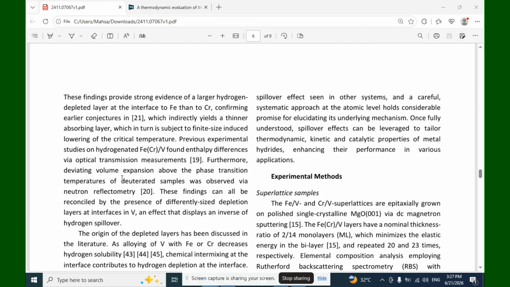Furthermore, deviating volume expansion above the phase transition temperatures of deuterated samples was observed via neutron reflectometry. These findings can all be reconciled by the presence of the differently sized depletion layer at the interface in V, an effect that displays an inverse of hydrogen spillover.